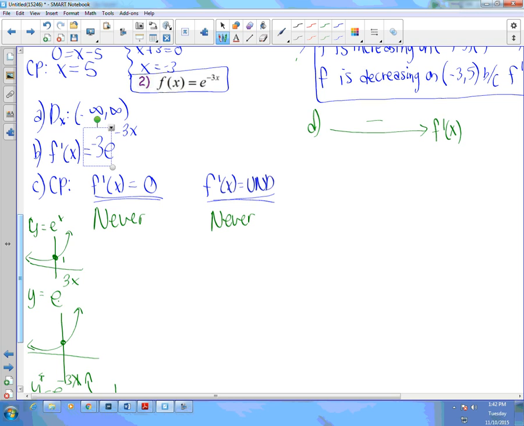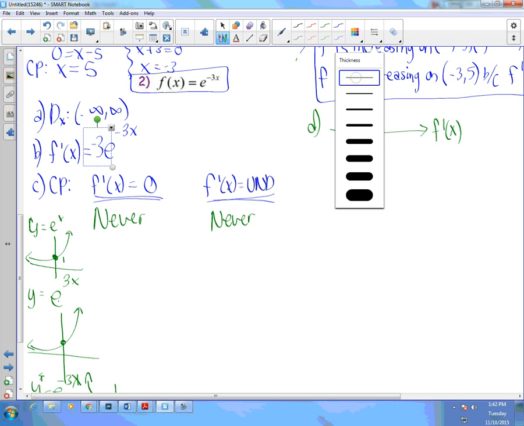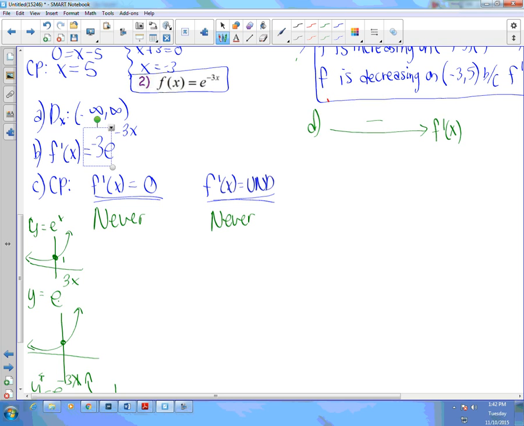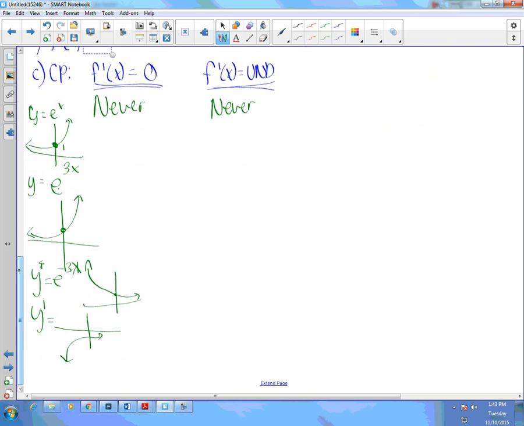So that means that the parent function f of x, if f prime is negative everywhere, then f of x is decreasing everywhere, which we already drew that graph. That was true. It was decreasing everywhere.